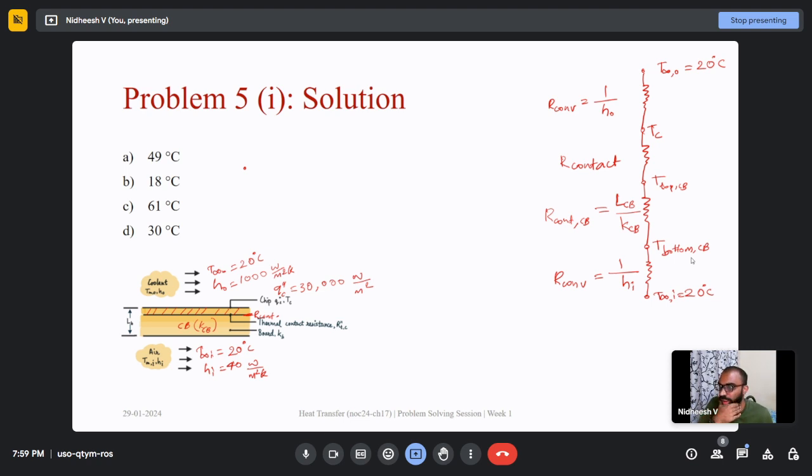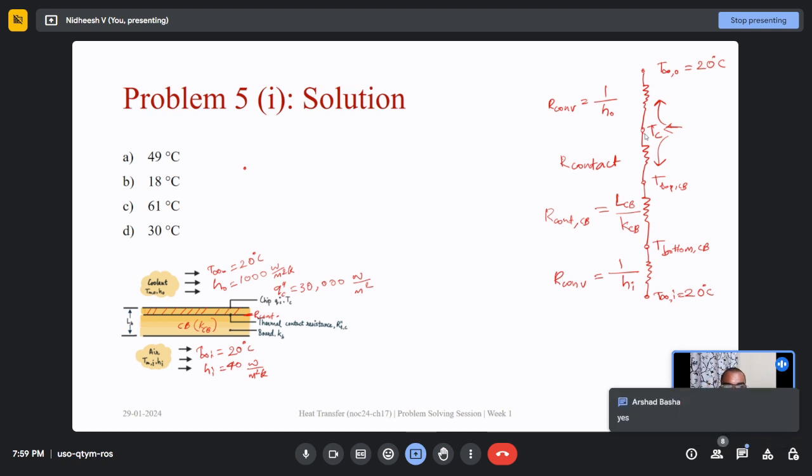Yes, it is taken away by the coolant. Actually, in the chip, some heat is being generated. So this heat that is generated is flowing in both directions, right? Yes, sir. Correct.